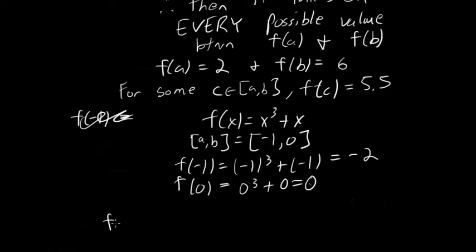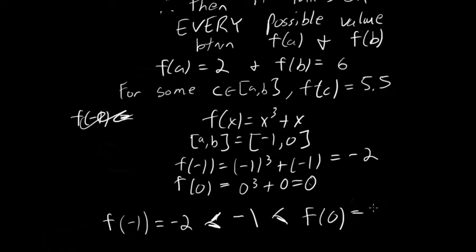So we'll say f of -1 equals minus 2, which is less than minus 1, which is in turn less than f of 0, which equals 0.